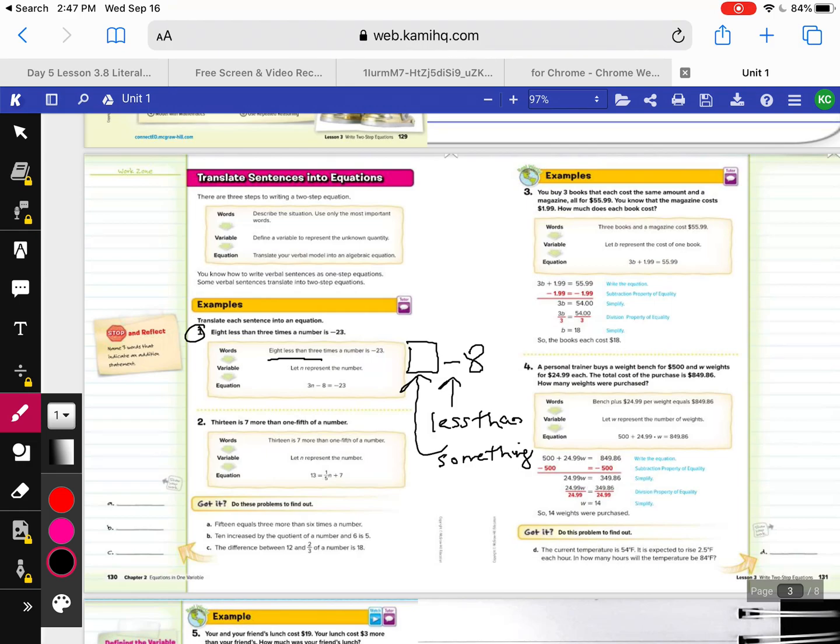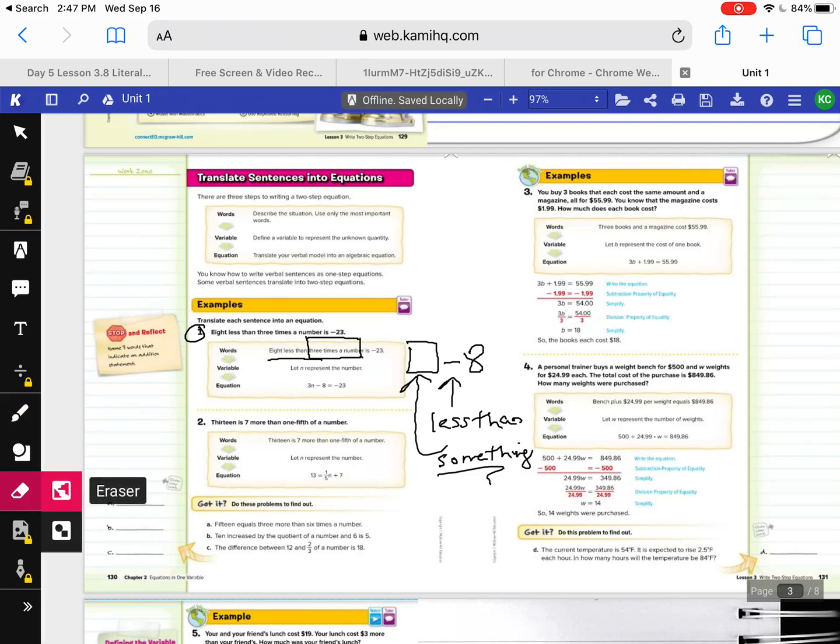So 8 is less than 3 times the number. So what they're telling me in the second part is what 8 is less than. So it's the something that I was looking at. 8 is less than 3 times a number.